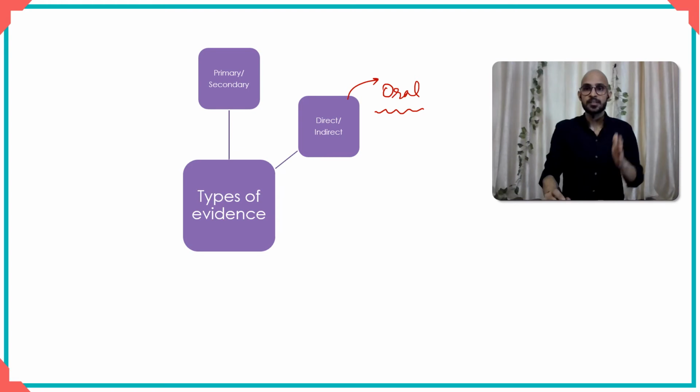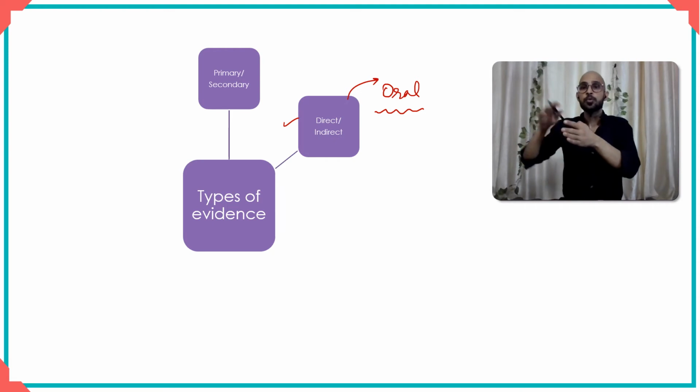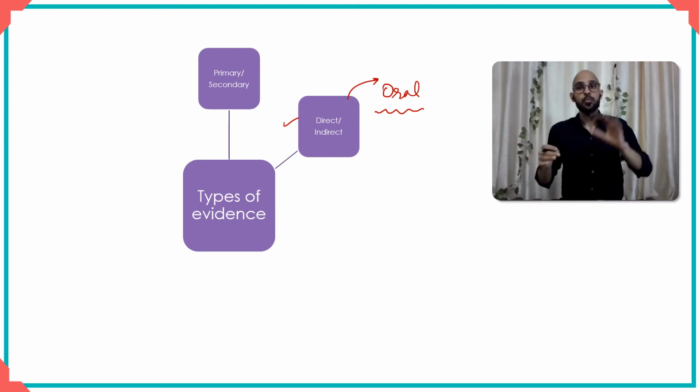What that means is that somebody has seen an occurrence, he goes ahead and then testifies before the court about what he has seen. That is direct oral evidence. On the other hand, somebody sees something and then he tells another person, and now this new person goes to the court to speak about what his friend had seen. Here it is indirect evidence, okay?